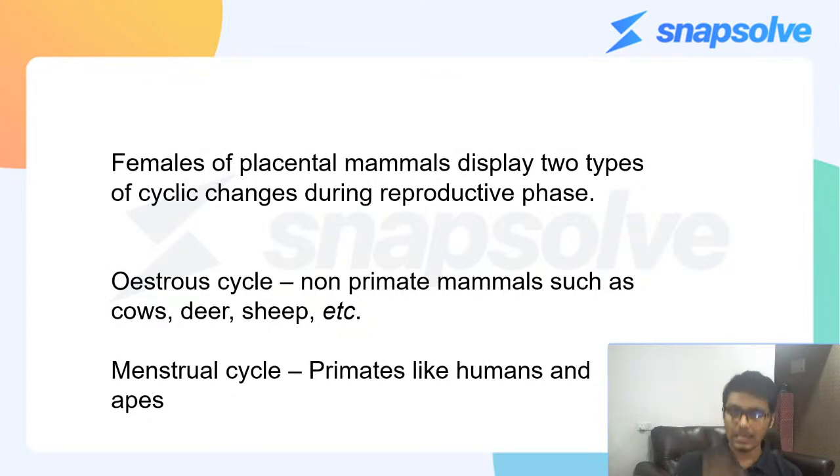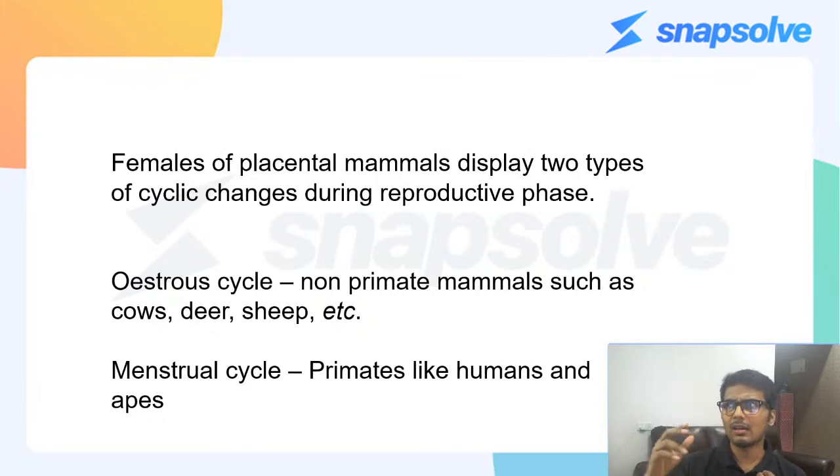Now estrous cycle is something which is observed in non-primate mammals such as cows, deer, sheep, etc. And menstrual cycle is something which is observed in primates like humans, apes. Anybody who does not know the meaning of non-primate and primate, I'll give you a short explanation.